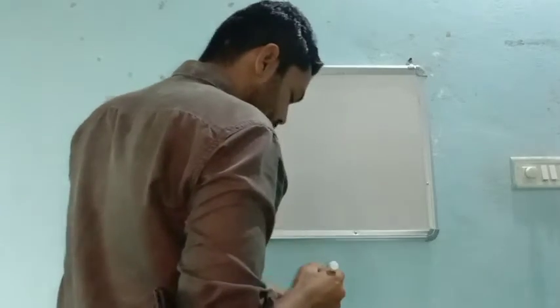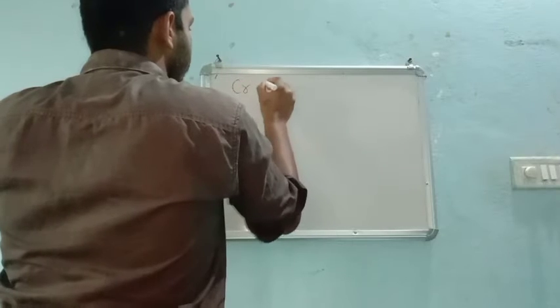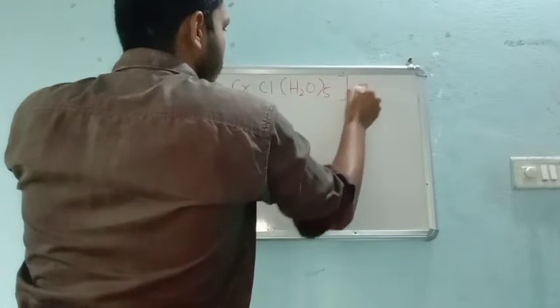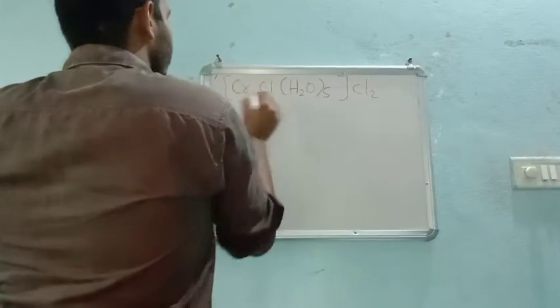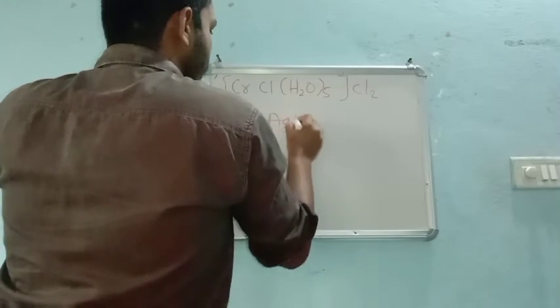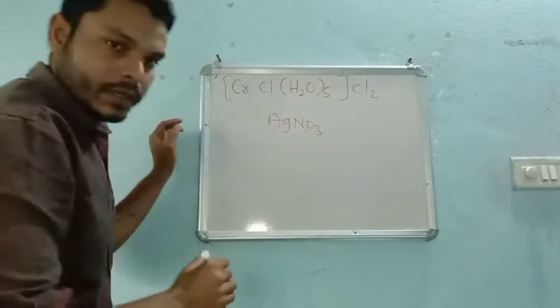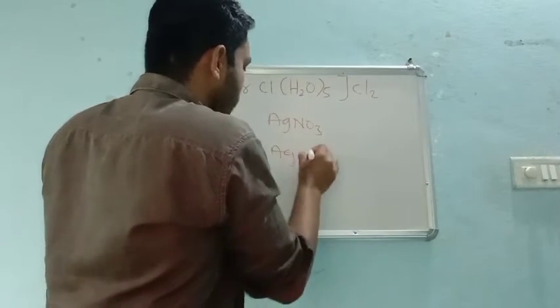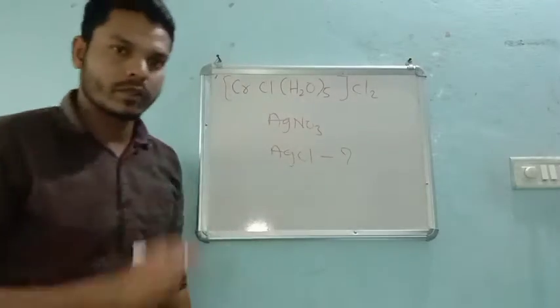The complex is CrCl(H2O)5 Cl. So excess amount of AgNO3 we are adding, and what he has asked is how many moles of AgCl will be liberated. So this is our question.